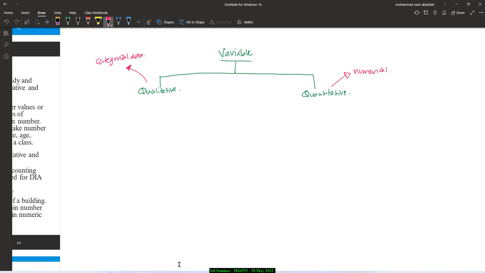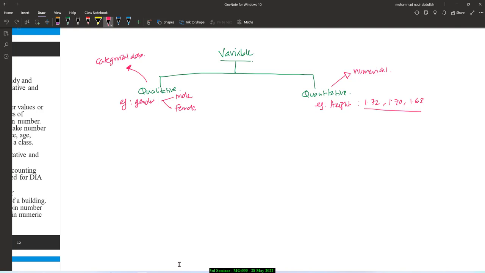For example, gender, it can be either male or female. The example here for quantitative is height, let's say 1.72, 1.70, 1.63 meter. Any numerical value lies under quantitative.